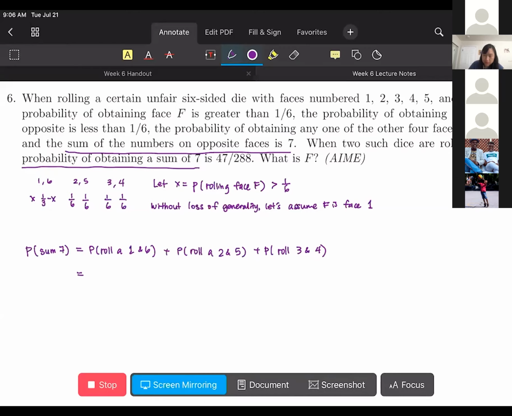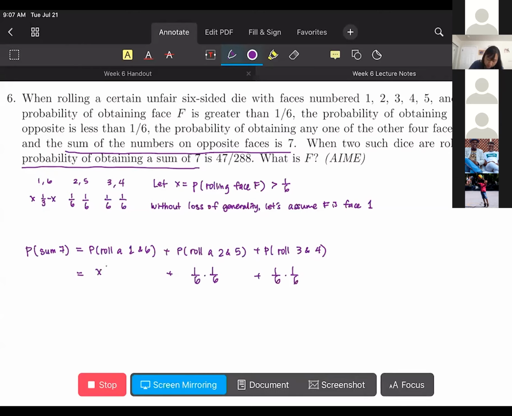Does everyone see that? Yep. All right. And then what about the probability that we roll a 3 and a 4? Same, 1 over 6 squared. And then what about the probability that we roll a 1 and a 6? 1/3 x minus x squared.